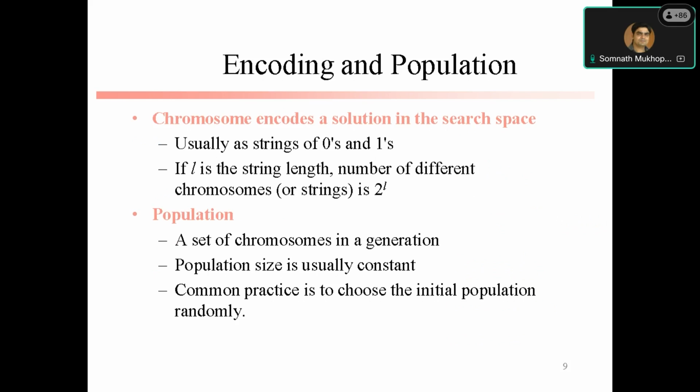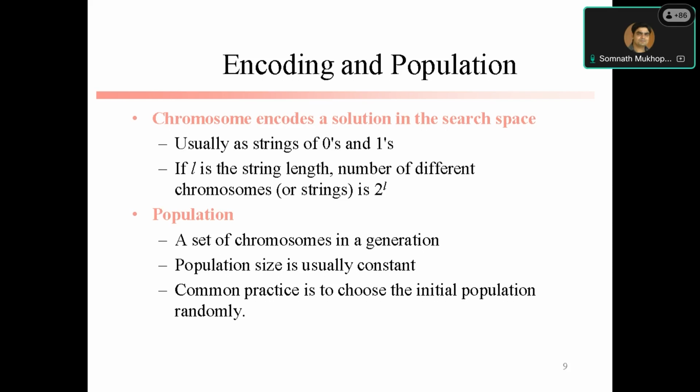So the first phase is chromosome encoding. It can be a binary encoded genetic algorithm or a real coded genetic algorithm. If we use a binary coded genetic algorithm, then the solution or chromosome is represented using zeros and ones.